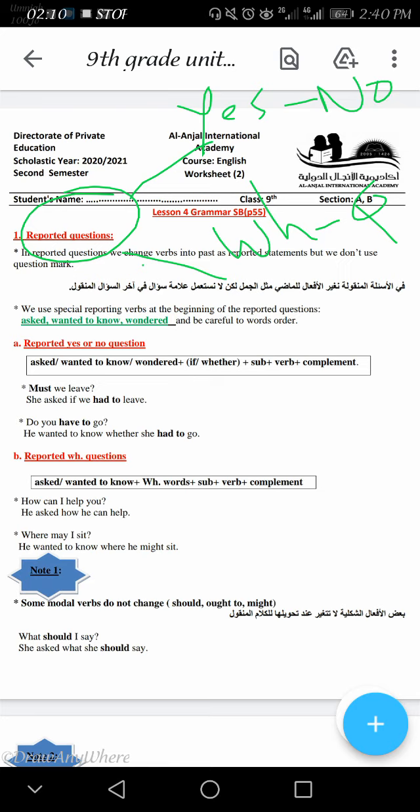Those are what? Yes no question or interrogative question. And the other type is WH question that start with WH word, الكلمات اللي هم WH, when, what, who, how, where, all of these are WH question. Now this is a brief summary.